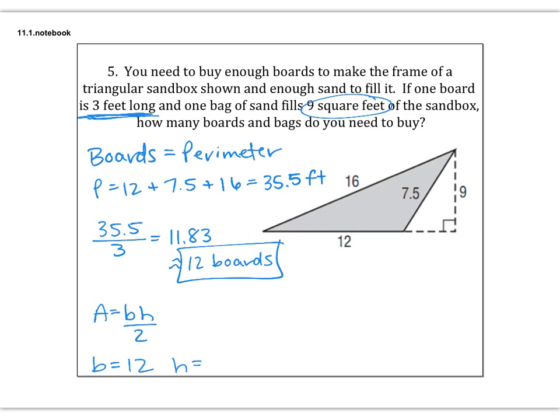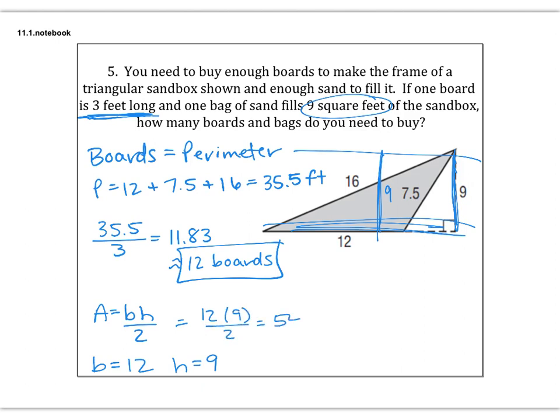What is the height of our shaded triangle? It's actually the 9. Remember, it has to be perpendicular. So if I took this 9 and I slid it over right in here, that would be the height of the triangle. So here we go. We're going to do 12 times 9 divided by 2, which ends up being 54 square feet.